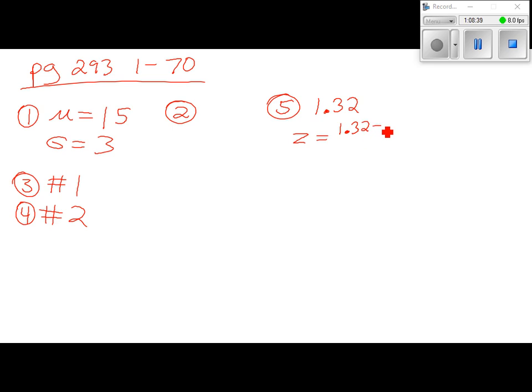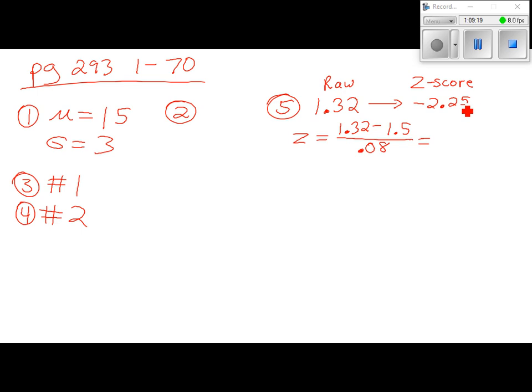This time they tell us the mean is 1.5, and divide it by the standard deviation, which this time in the directions up there they tell you is 0.08. Somebody do that math for us real quick. I got negative 2.25.